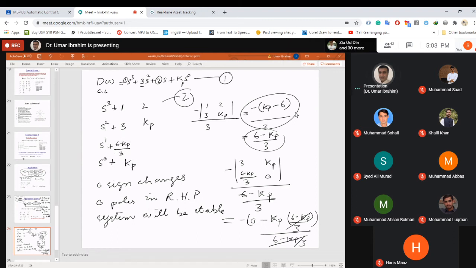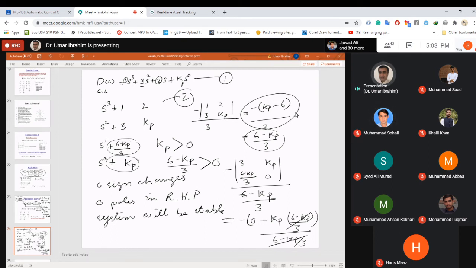Now we have to make sure, if we want to keep this value positive, then Kp should be greater than 0. Similarly, if we want to keep this value positive, then (6 minus Kp) divided by 3 should be greater than 0, which, when you solve it, comes out to be Kp less than 6.